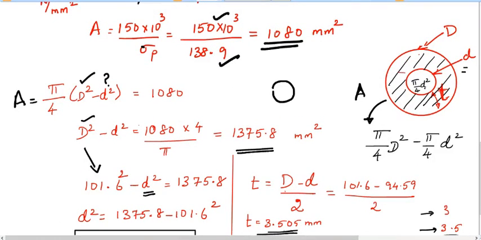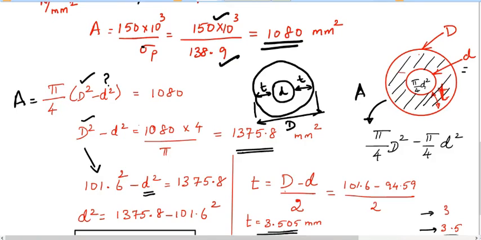So in this figure, this is thickness and this is diameter and this is thickness, and from here to here is the outer diameter.